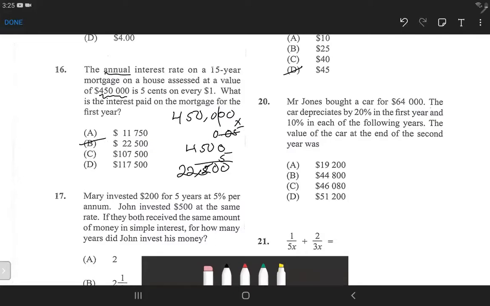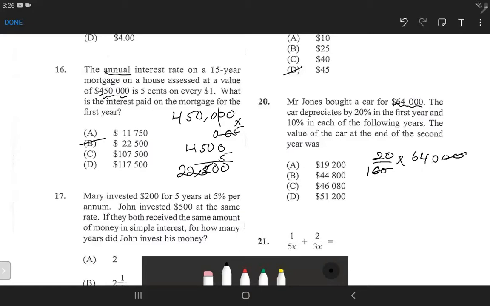Mr. Jones bought a car for $64,000. The car depreciates by 20% in the first year, and 10% in each of the following years. The value of the car at the end of the second year was... well, this was the initial value, so you had to take out 20% of that in the first year, right? So 20% of 64,000.